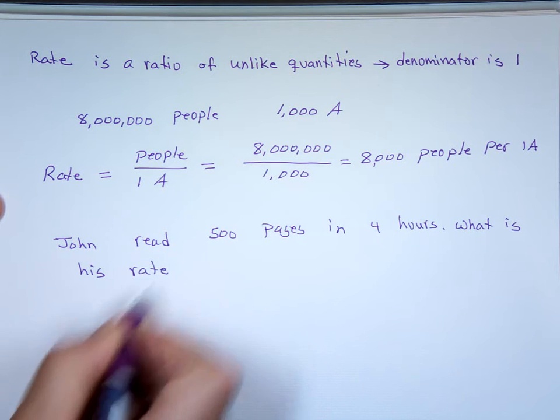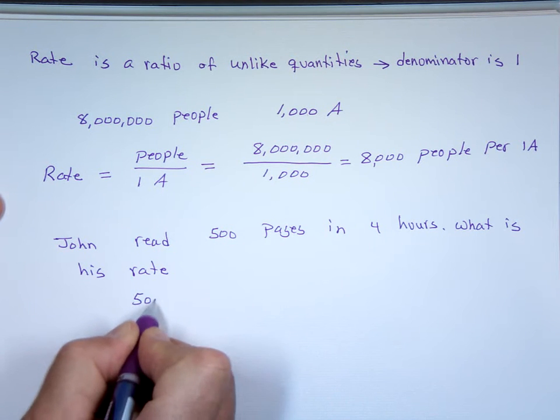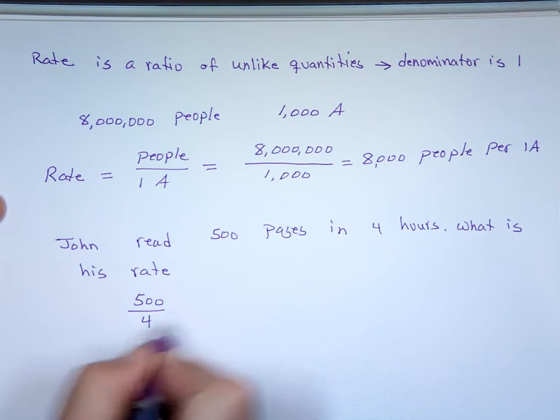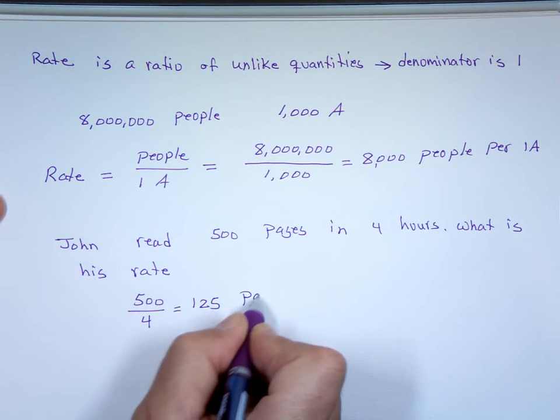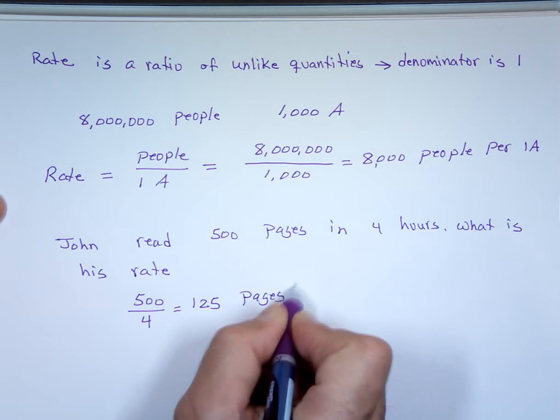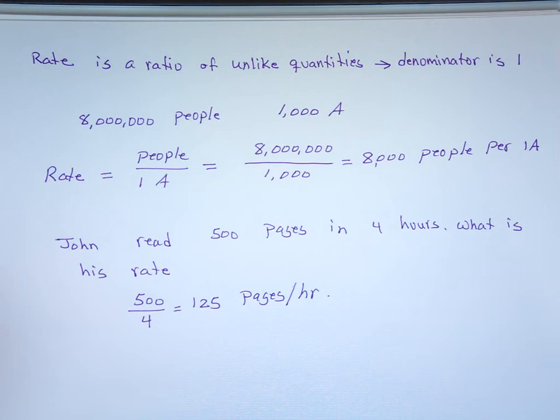So we divide them. We go 500 divided by 4, which is what? 125 pages per what? Per hour. Notice I'm comparing pages to hours, not people to people, not pages to pages.